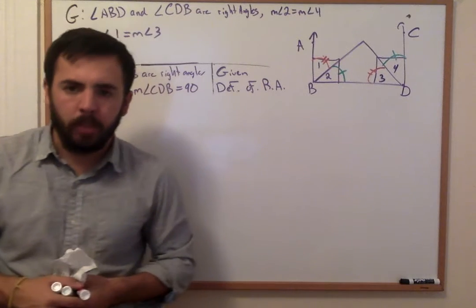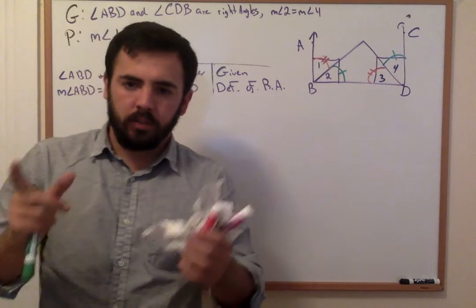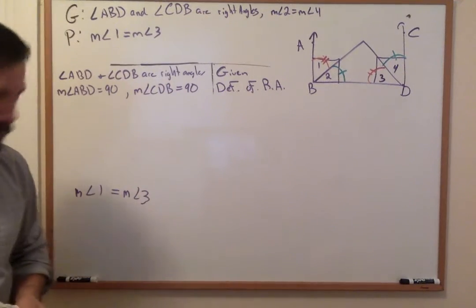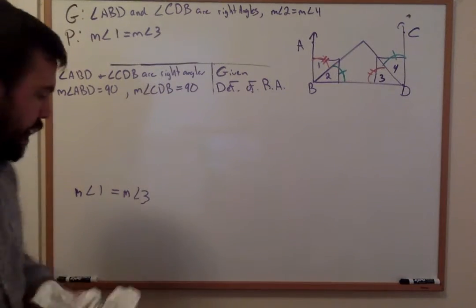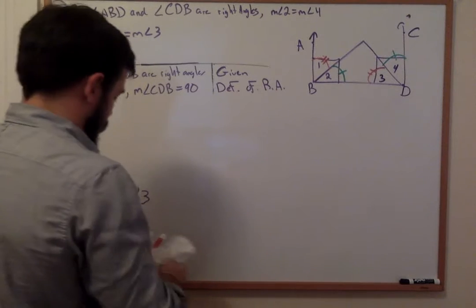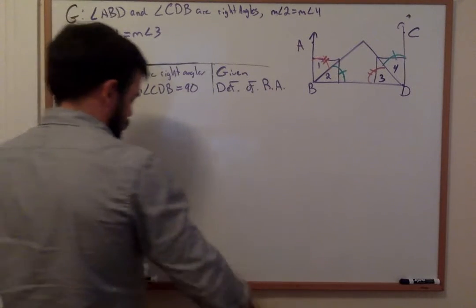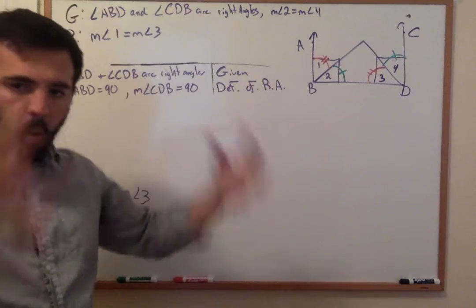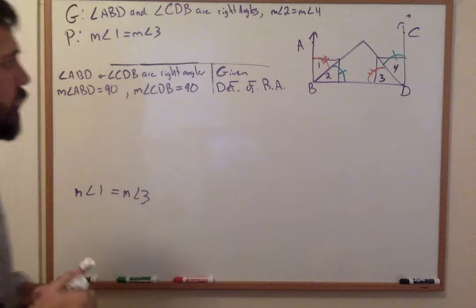Now, a lot of geometry is recognizing the relationship between parts and wholes. Okay? So, let's look at what we have here. We know some information about some wholes, some whole things.